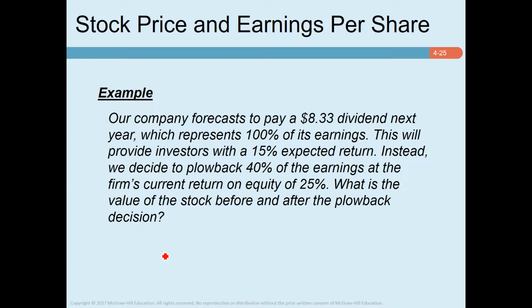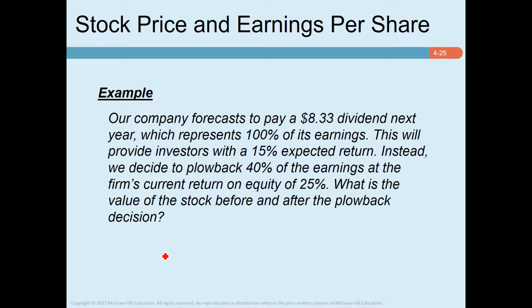So look at this example. Our company forecasts to pay an $8.33 dividend next year, which represents 100% of its earnings. This will provide investors a 15% expected return. Instead, we decide to plow back 40% of the earnings at the firm's current return on equity of 25%.